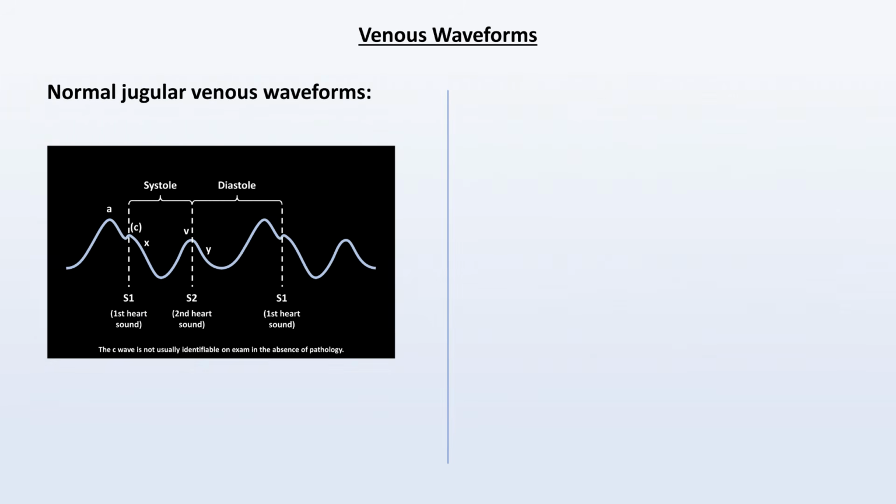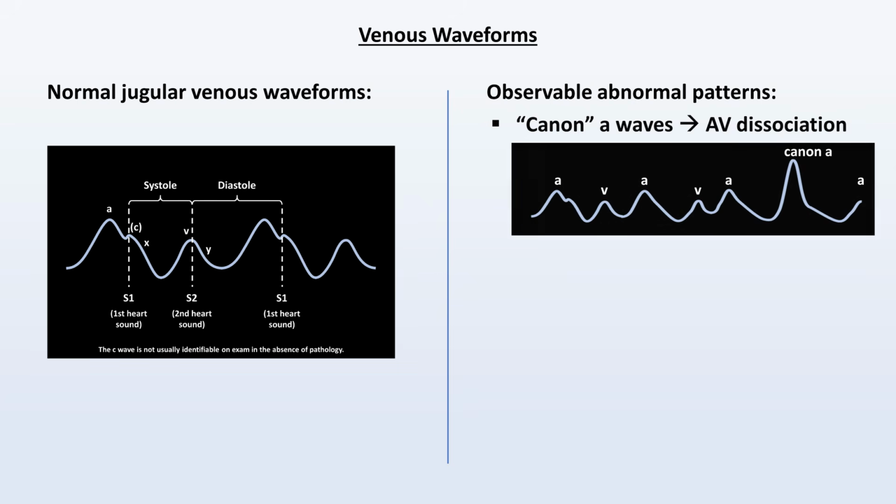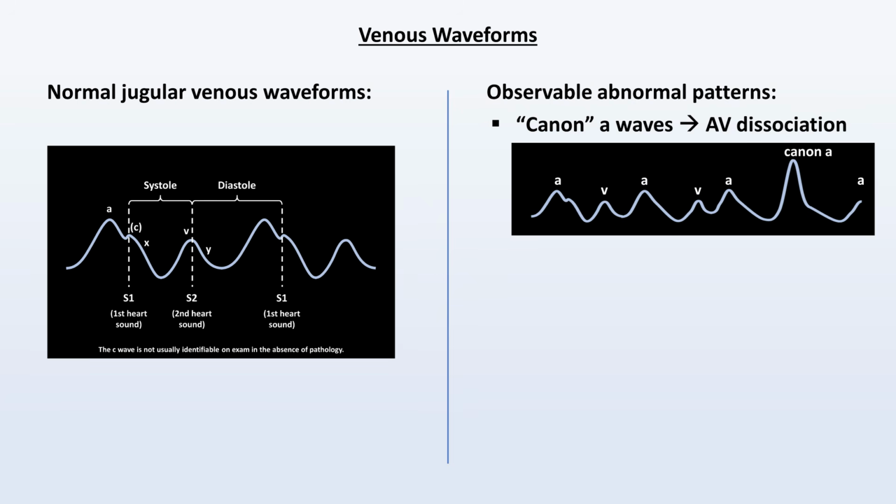What are some abnormalities that can be seen in the waveforms? Cannon A waves, which are the intermittent occurrence of a very prominent outward wave caused by the atria contracting against an already contracted ventricle, are seen in AV dissociation.